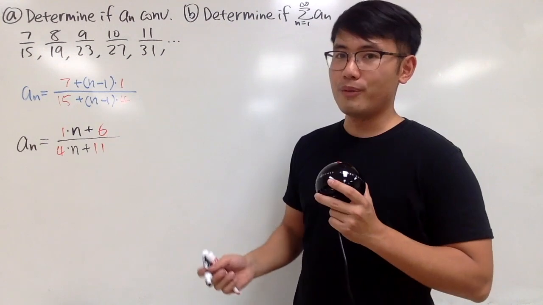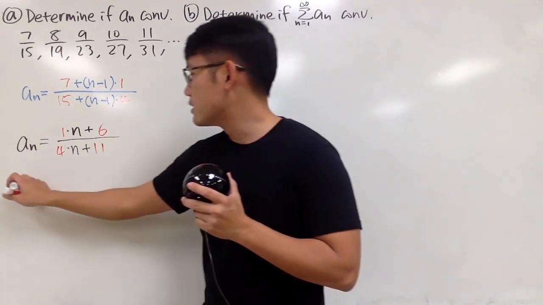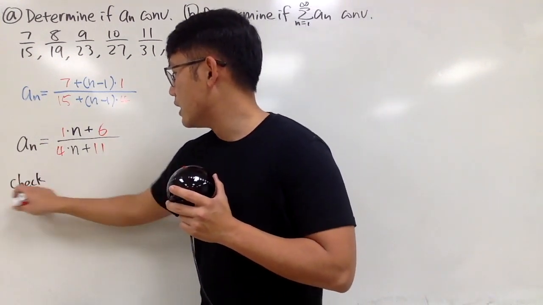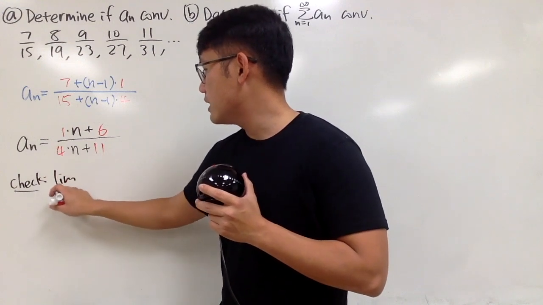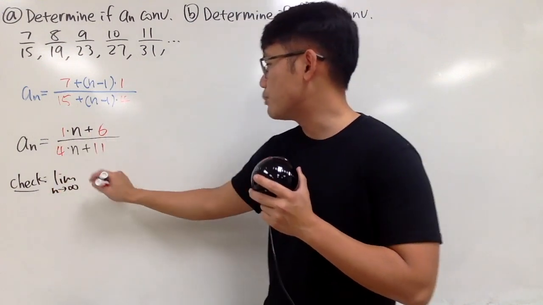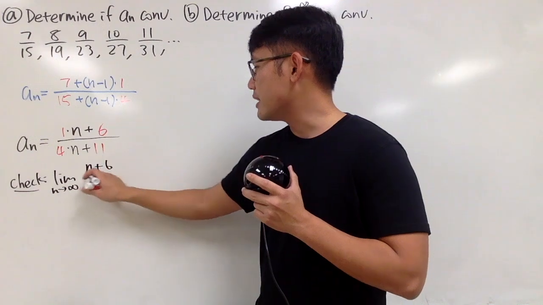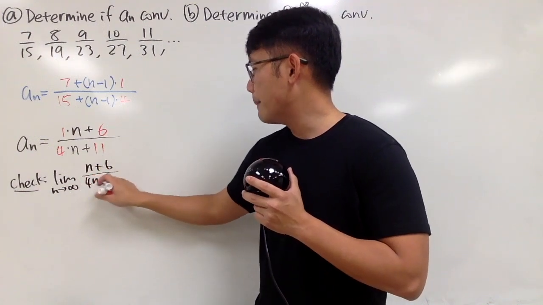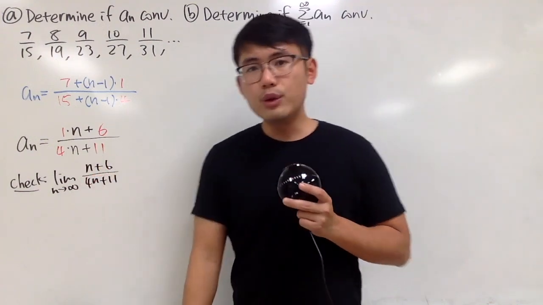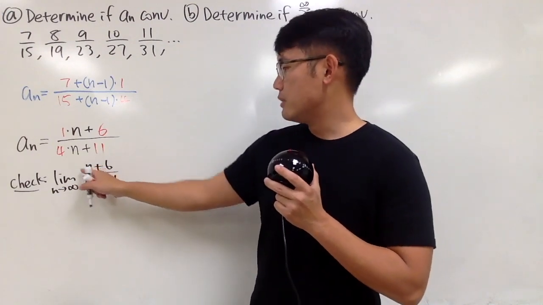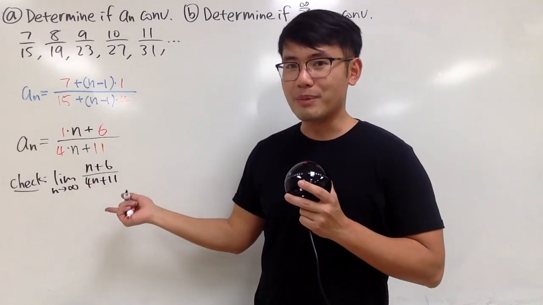Does this converge though? Well, we have to check the limit as n goes to infinity of this expression, namely (n + 6) over (4n + 11). And notice that on the top we have a linear situation, likewise for the bottom.